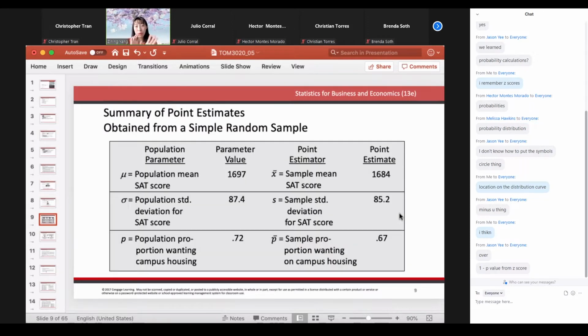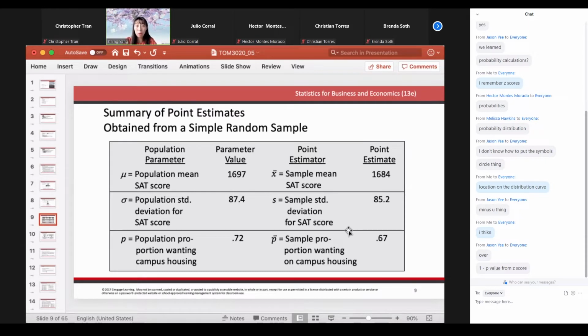And when we put them side by side, we see that on the left-hand side, we have population mean of 1697, which is like 13 points higher than the sample mean of 1684. Not a huge difference, but clearly some deviations, right?